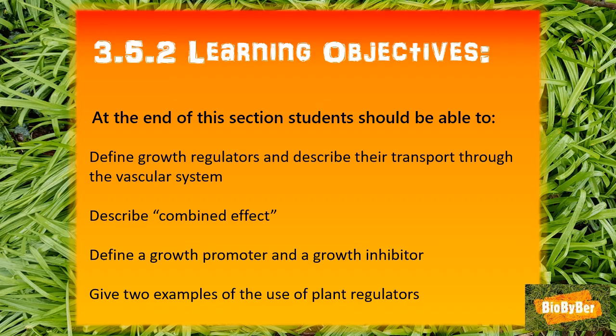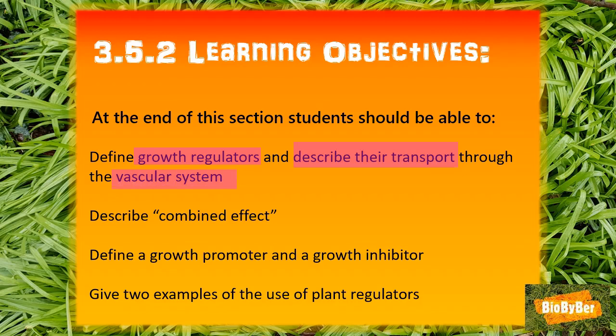What does this actually mean? What are we trying to learn? Well, at the end of this section, you should be able to give the definition of growth regulators and be able to describe how they're carried through the vascular system, or the xylem and phloem, in a plant.